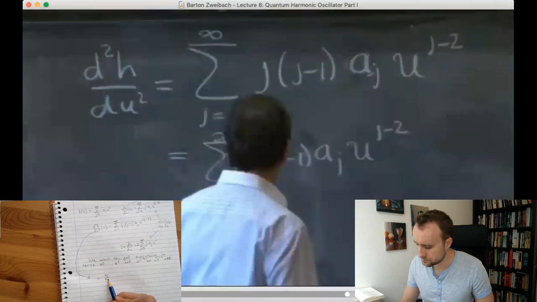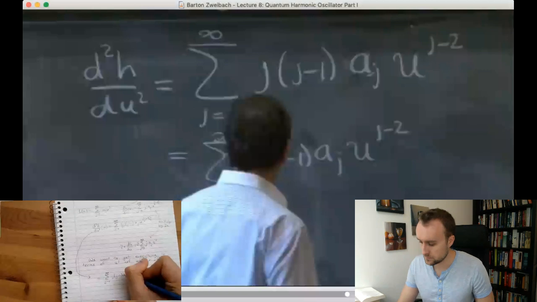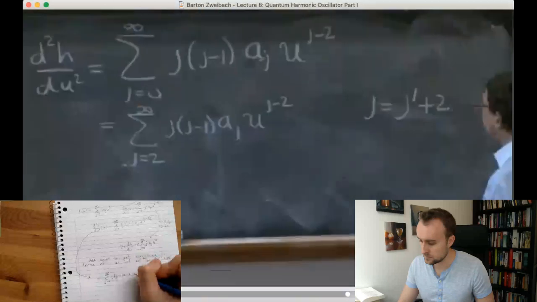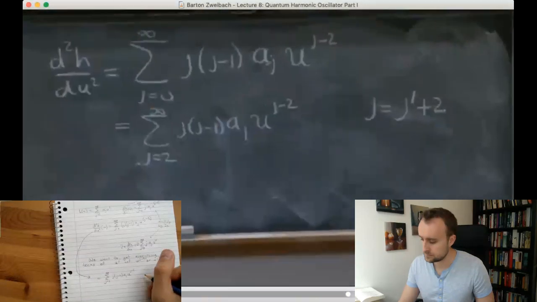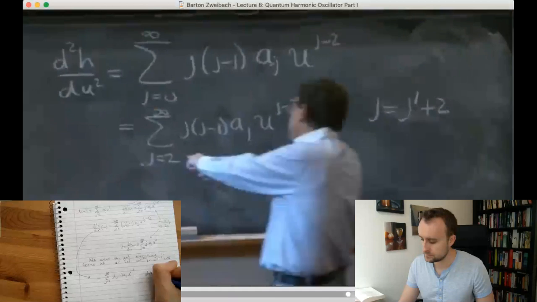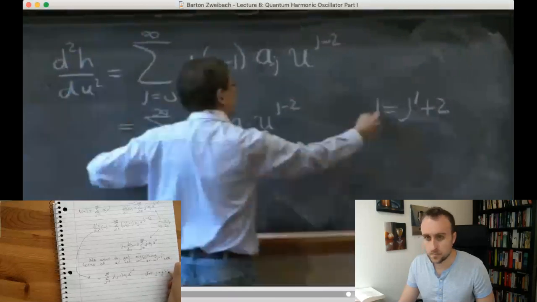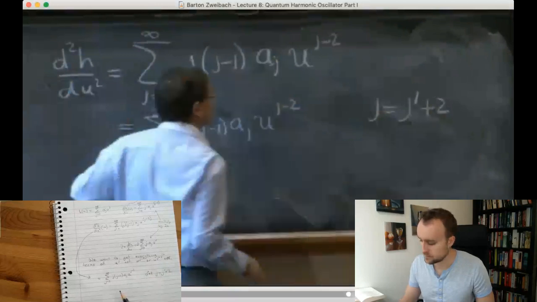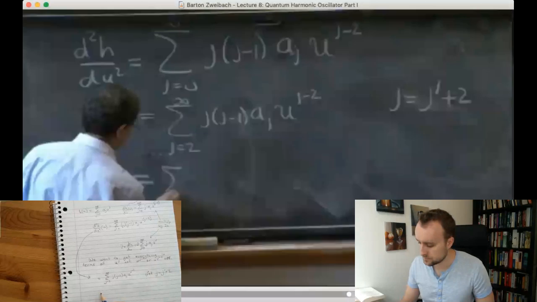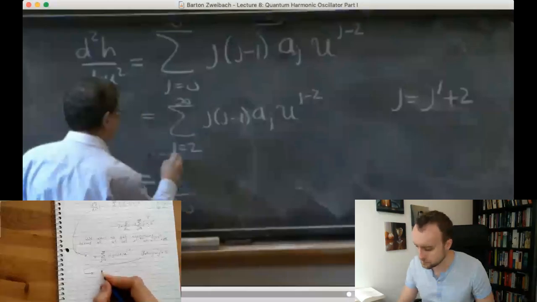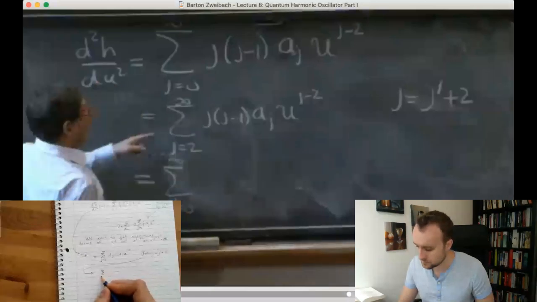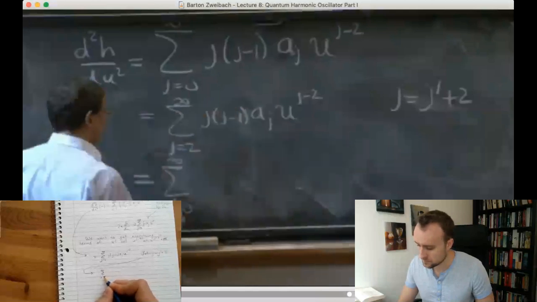And then let j be j prime plus 2, and if j begins with 2 in this sum, then j prime will be 0. So we've shifted the sum. So it's j prime equals 0 to infinity. Wherever I had j, I put j prime plus 2.